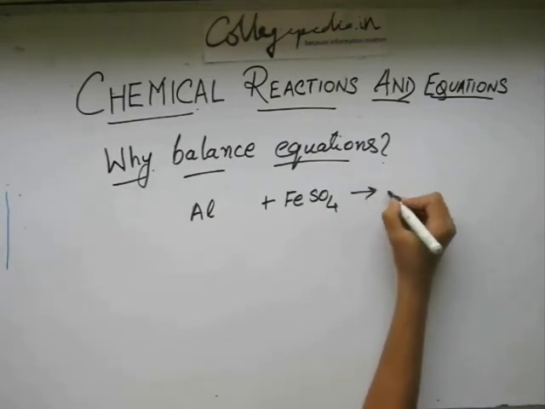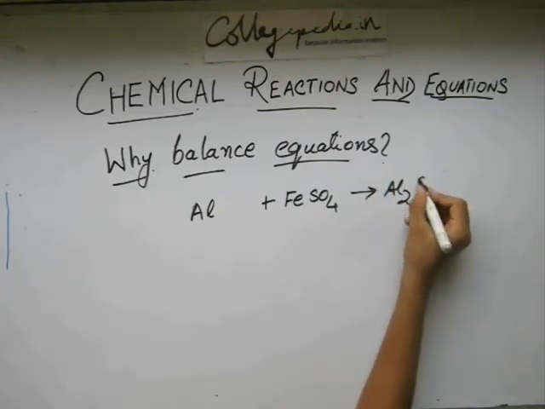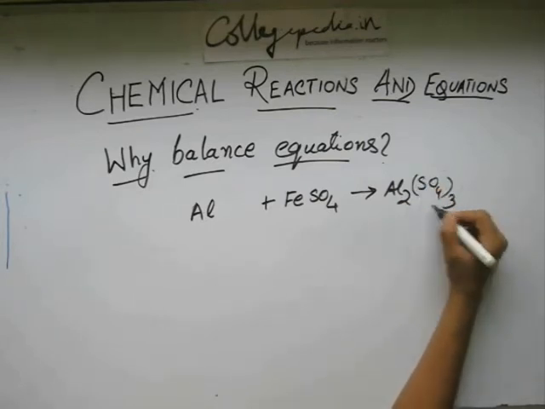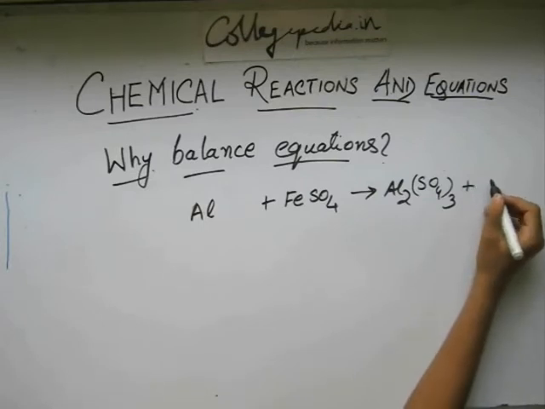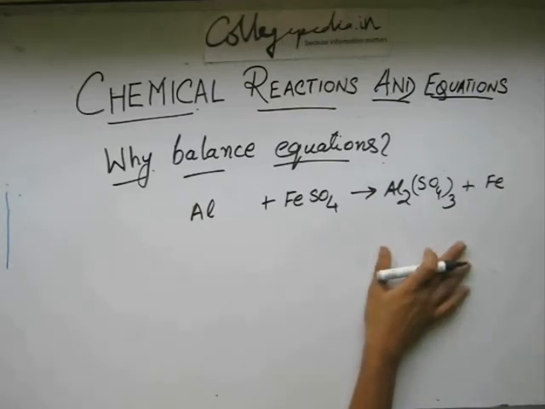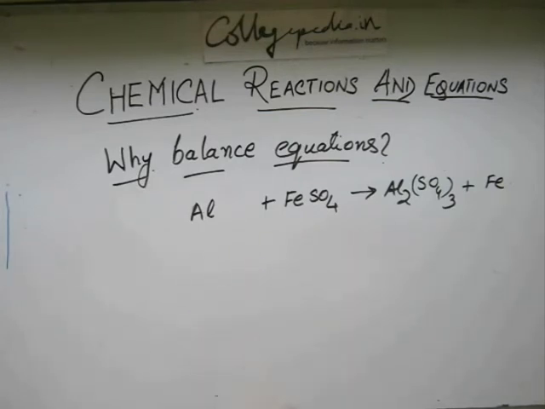It will give Al2SO4 whole thrice, this is aluminium sulfate, plus Fe. We will talk about these type of reactions later on. Just now, for the time being, we'll balance the reaction.